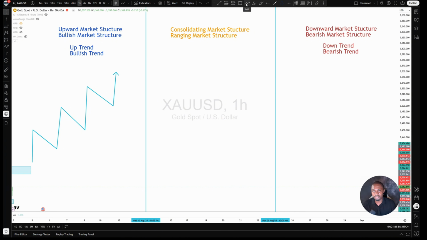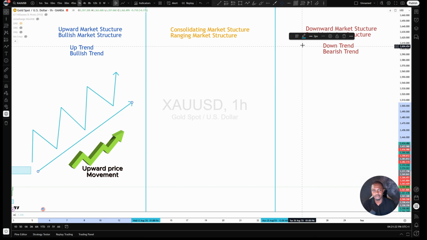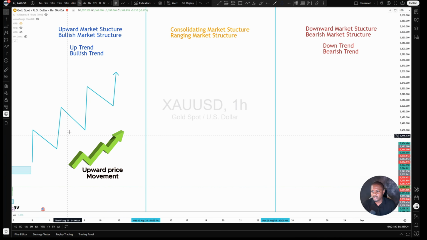So we can all agree that price here is moving in the upward direction. We have to label this market movement. We label it as, this will be the low. We'll put an L. This right up here will be the high.